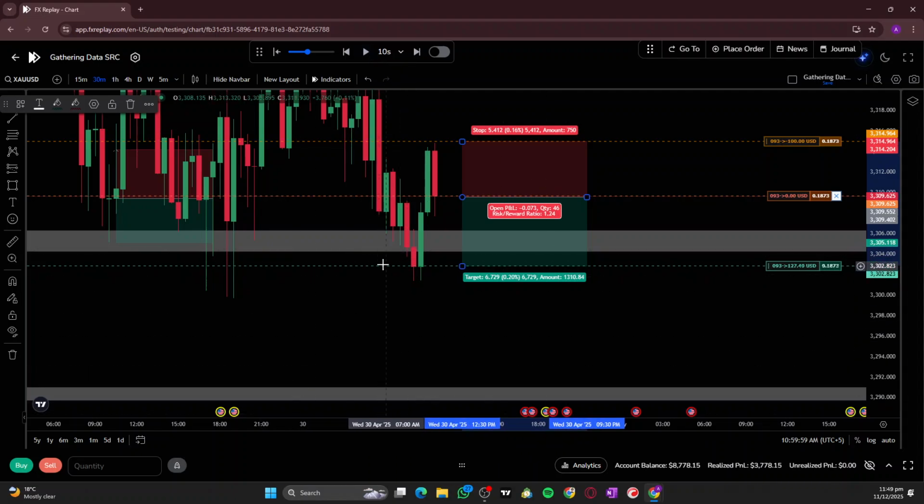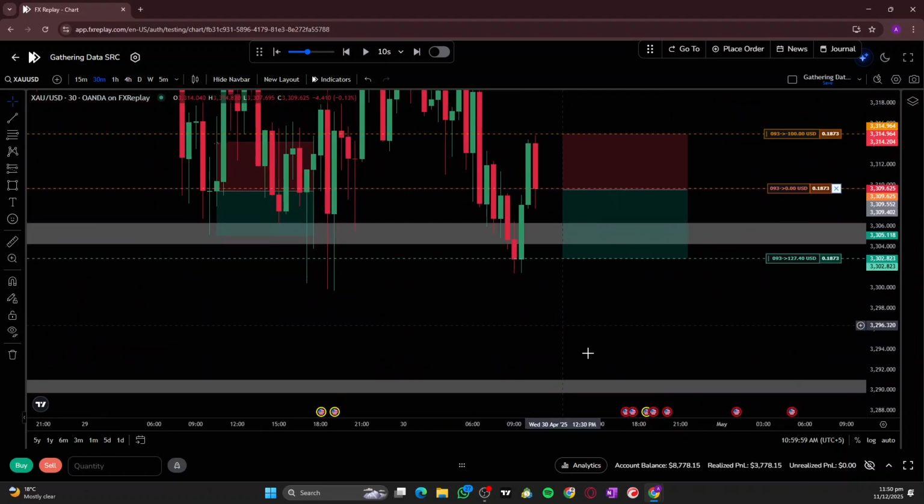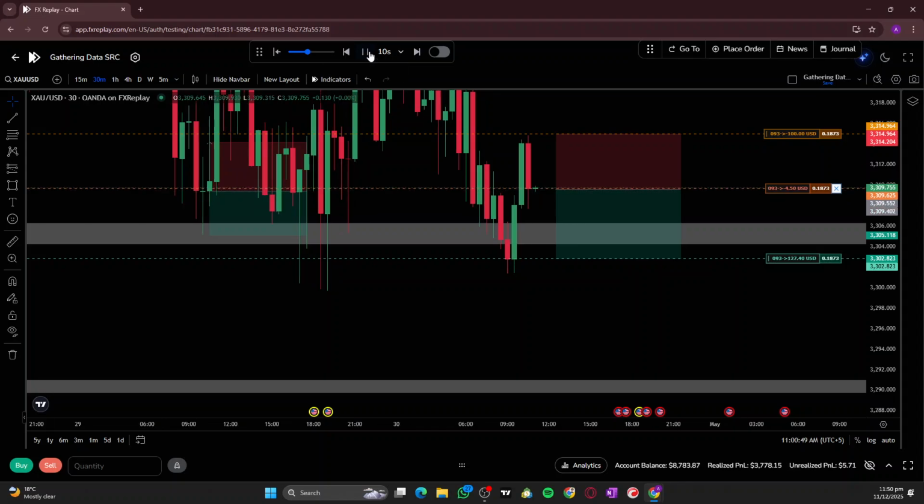Why have I taken this trade? Because price went up, created a resistance, and this green means for price to move down. So yeah, that was the simplest explanation of this trade.